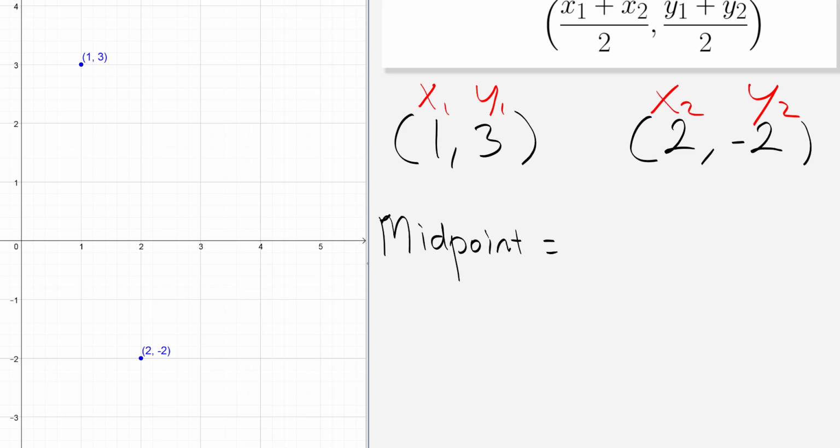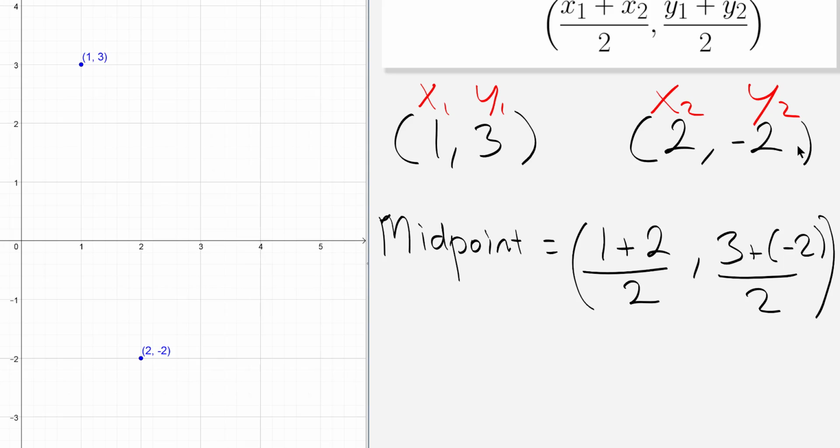So the midpoint is going to be (x1 + x2) / 2, so (1 + 2) / 2, comma, (y1 + y2) / 2, (3 + (-2)) / 2.